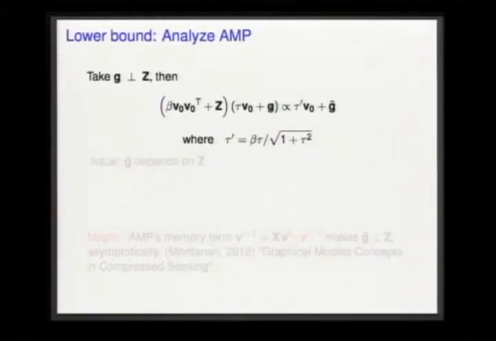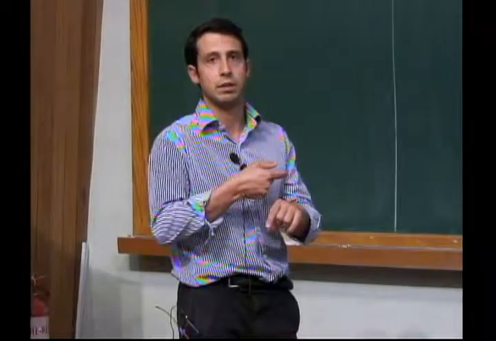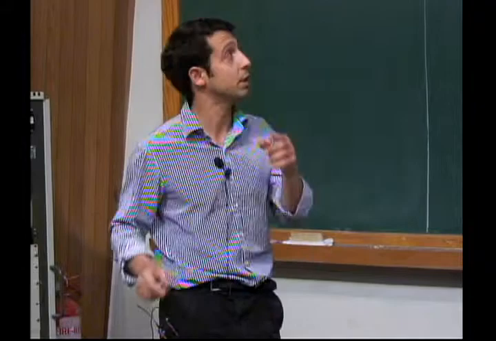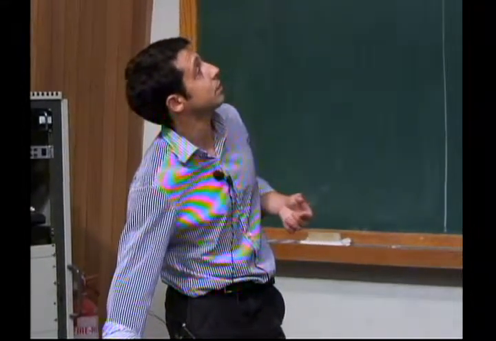If we multiply the input matrix x by this vector, we obtain another vector which is tau prime v0 plus g tilde. Here I made the assumption that g, the noise on the vector that I'm hitting with the input matrix, is independent from the noise that is in the data. If I make this hypothesis, we can write it.